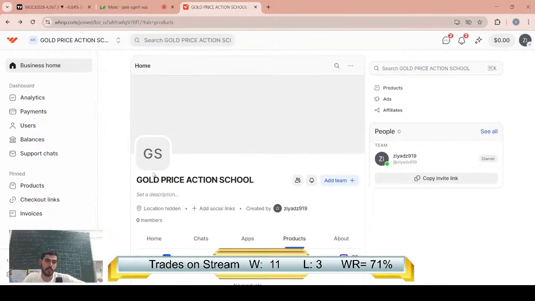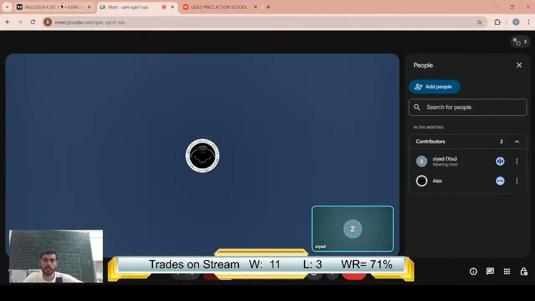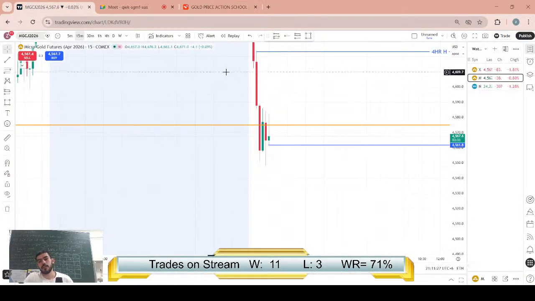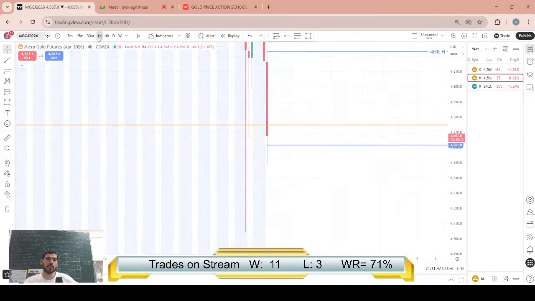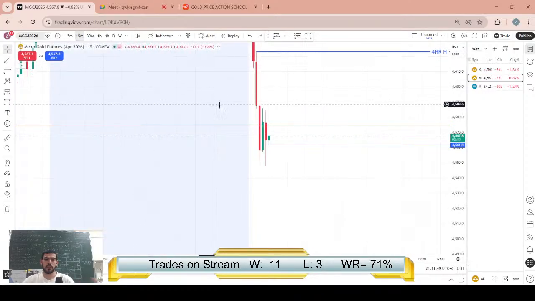I actually want to create something, like what is it called? Ah, like Clubhouse. You know Clubhouse. Yeah, like Clubhouse. So now it's on Whoop. I'm thinking of creating something like this alongside the trading because trading is boring.